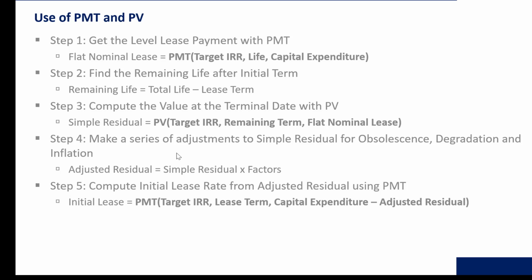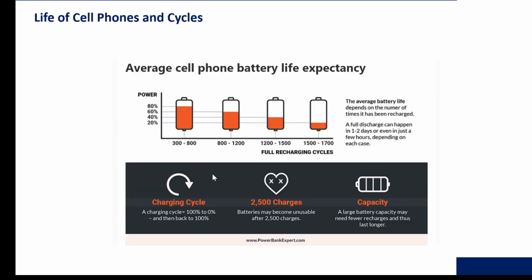For right now, let's just say that over the remaining time period, if we use this same IRR, we can figure out what a simple residual value would be. And then we can adjust that residual value for what's happened to degradation, cycles, all of that stuff. And that's what I'm really going to show you.